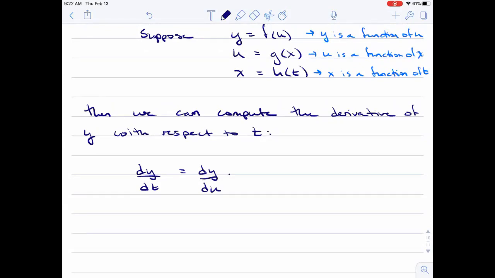Then the chain rule says you've taken the derivative of y, the outside, with respect to u, but now u is its own function of x, so you have to take du dx. But also x is a function of t, so to get to t, you have to take the derivative of x with respect to t, so dx dt.